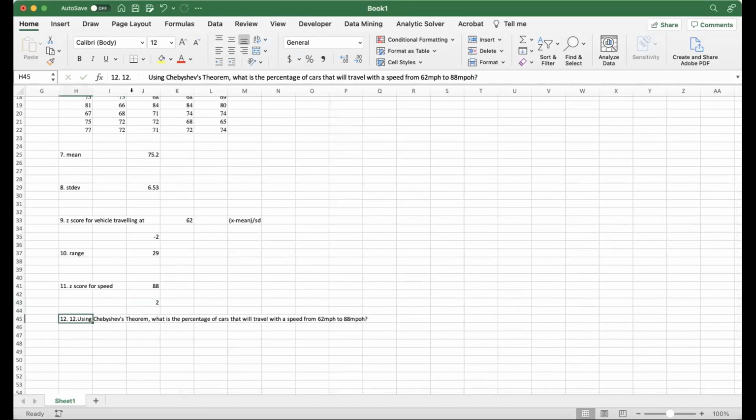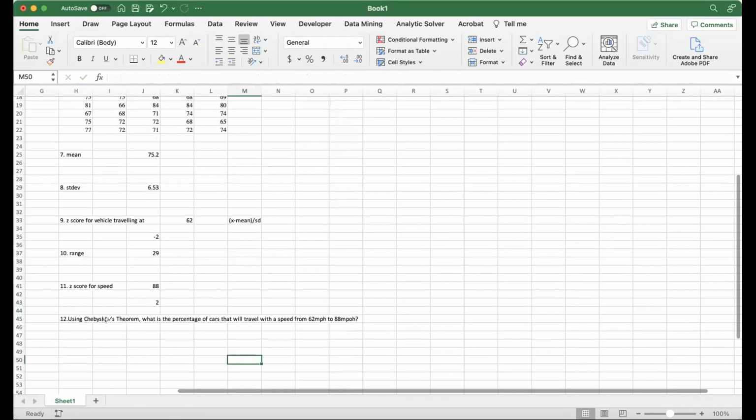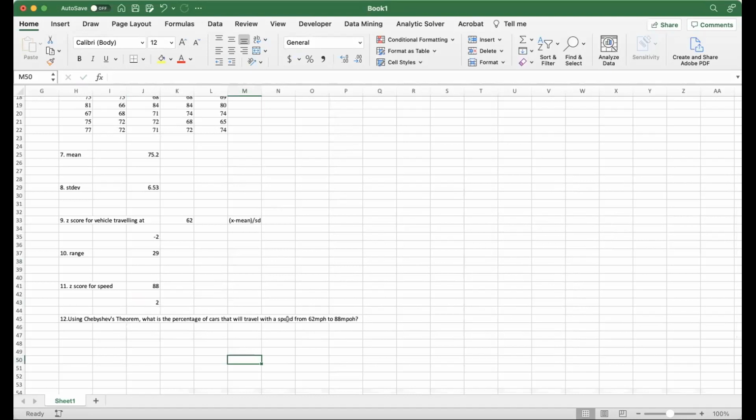Number 12 is saying, using Chebyshev, what is the percentage of cars that will travel with a speed from 62 to 88 miles per hour? Something I want to point out is that whether you use the z-score for 62 or 88, you're going to get the same answer.